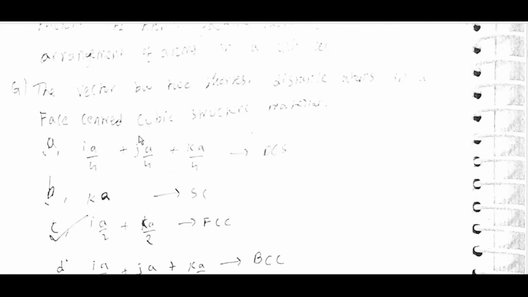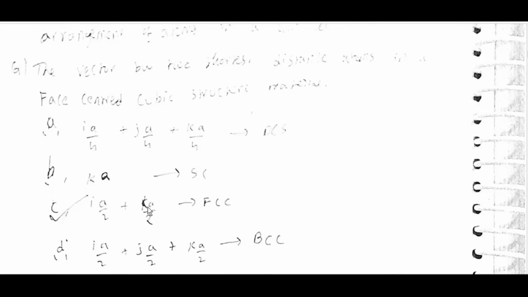The strength of a material is independent of atomic packing factor. The atomic packing factor gives information about the arrangement of atoms in a unit cell. The vector between the shortest distance atoms in a face-centered cubic system is along any one face diagonal, so ia/2 plus ka/2, this is for FCC.